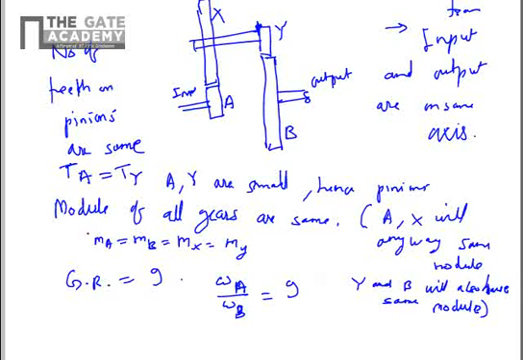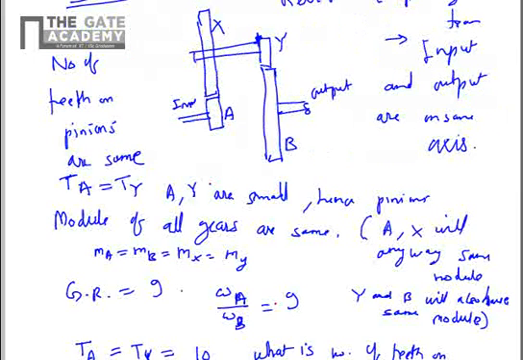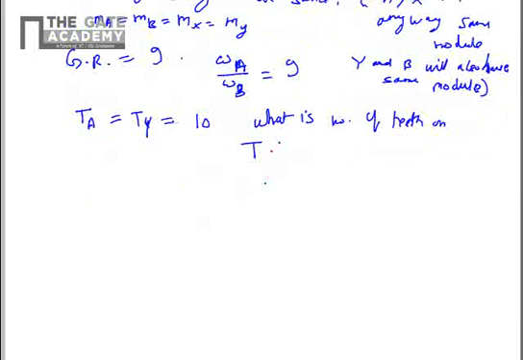Now the question asked is that if TA, number of teeth on pinions, equal to TY, that is the same, that is provided, is equal to 10, what is the number of teeth on the two wheels? That means TX and TB, the bigger gears in this chain. What is TX and TB? This is the question asked. We will go with the solution.